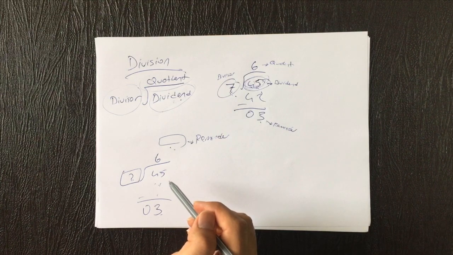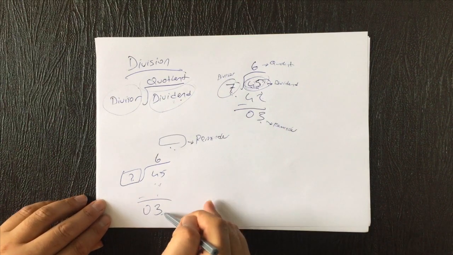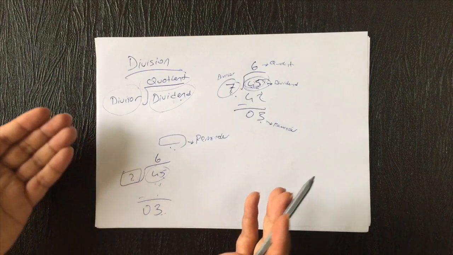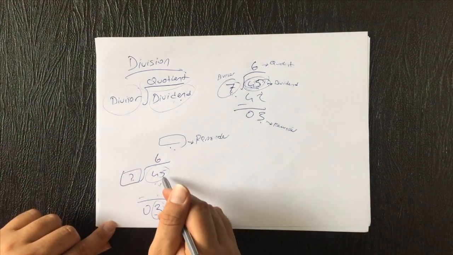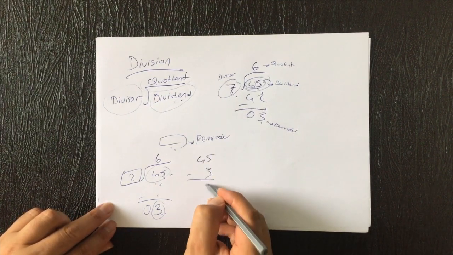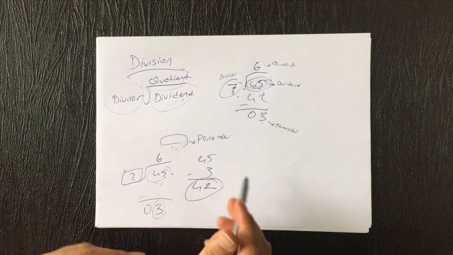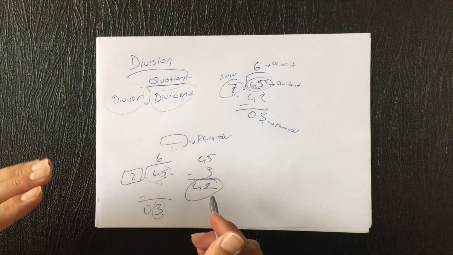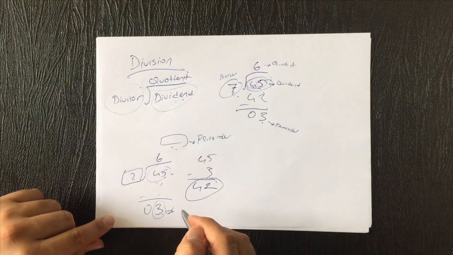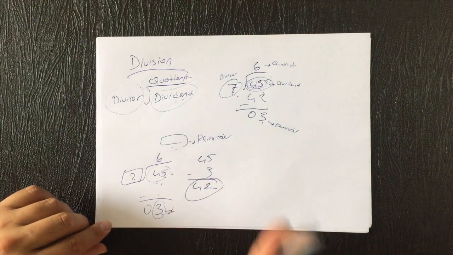So take the 3 out of the 45, we cancelled the 3 inside of the 45 by subtraction.